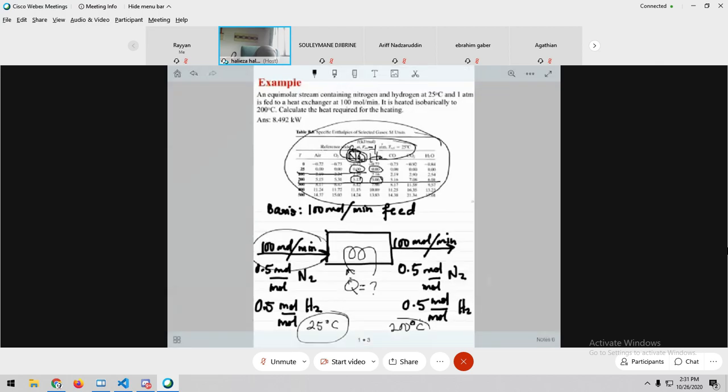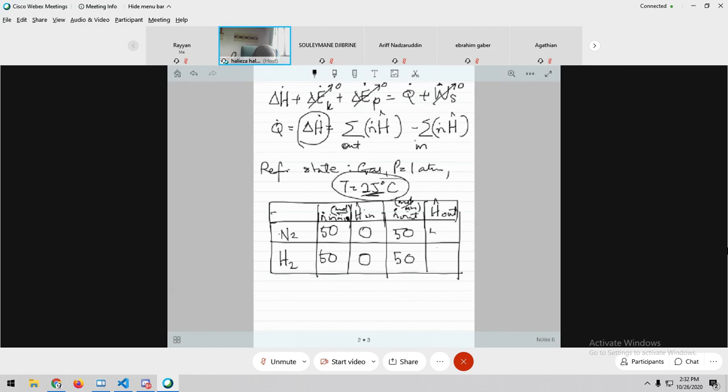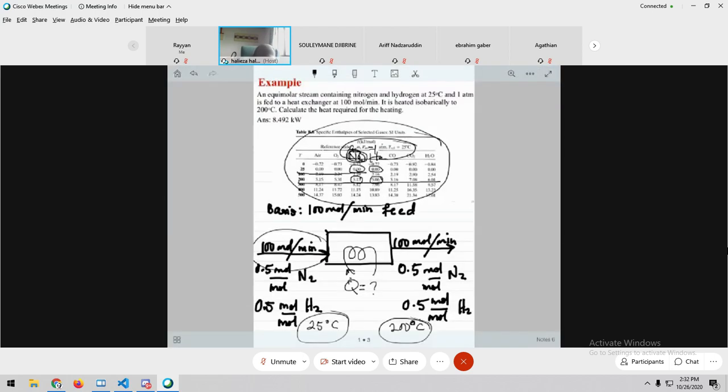Okay, so at 200, the outlet temperature is 200. The value for nitrogen is 5.13. Can you see? Is it too small for you guys? I'm not sure whether I can zoom in. No, I can't. Anyway, you have the data with you. Nitrogen is 5.13, and hydrogen is 5.06.